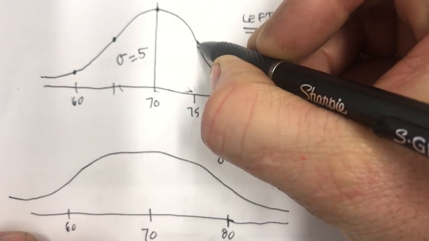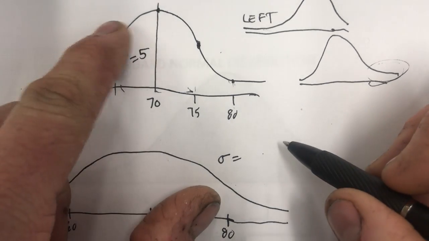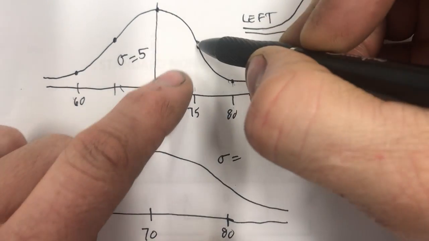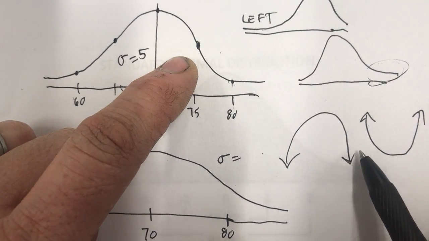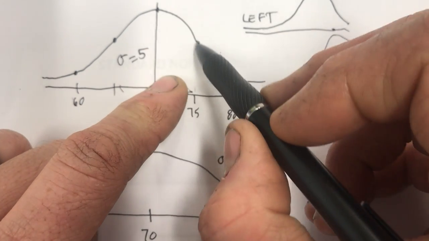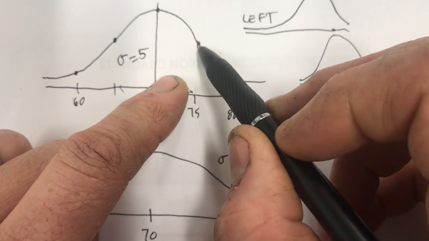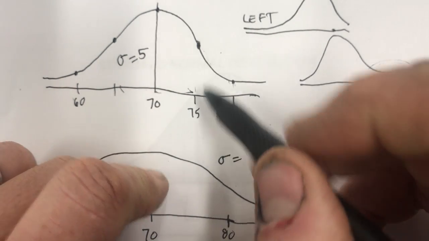At the inflection point, this curve right here is going down like this, but right here at this point, it's starting to go up. So right here, we have something like a parabola that's going down, but right here, we've got a parabola that's going up. And right here, this is called the inflection point, where it changes from going down to starting to go up.